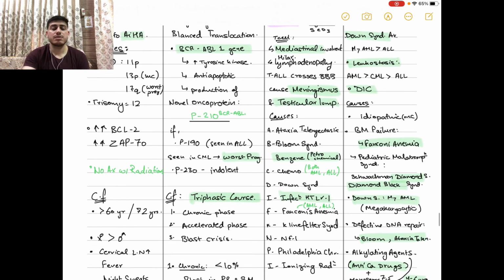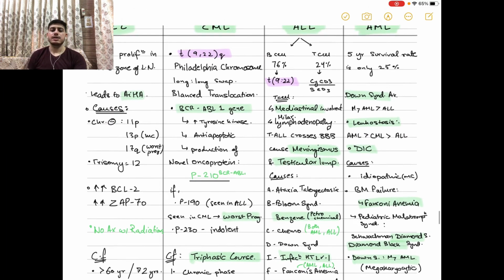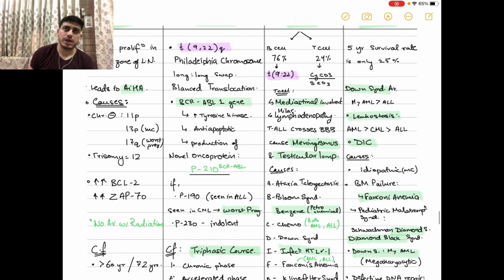Then there will be chances of DIC. Why is DIC going to happen? When there is leukostasis and other features as well, these cancer cells of AML have Auer rods. Auer rods are present in the cells, and they are present even normally in all kinds of myeloblastic cells.